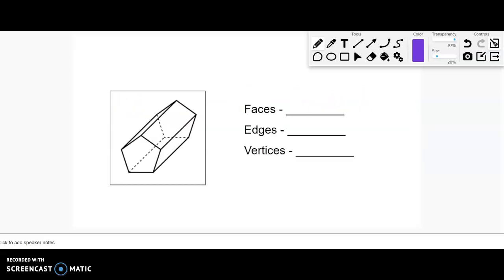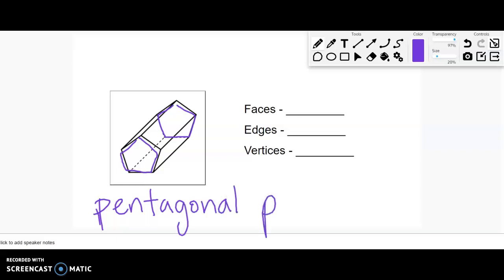For example, we have a pentagon there, a pentagon there, so we know that this is a pentagonal prism. If you just say pentagon prism, that works too. Pentagonal just makes it an adjective.